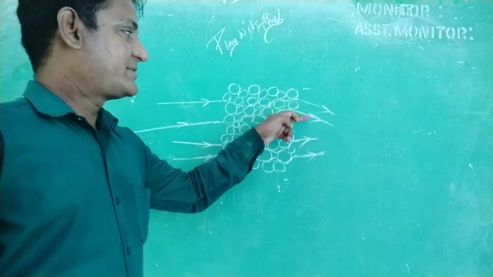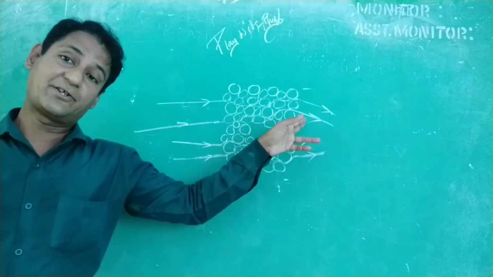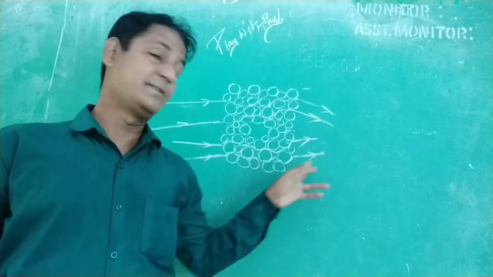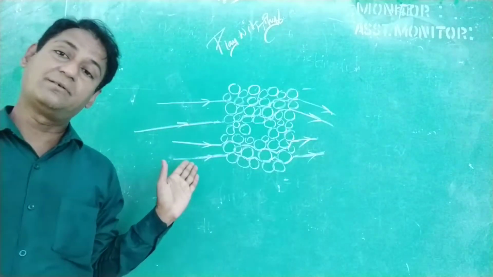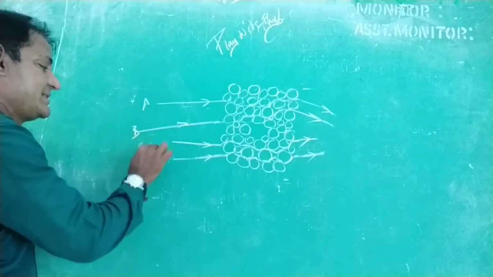So these are the deflected or deviated directions of motion of the runners, the four runners, A, B, C, D.